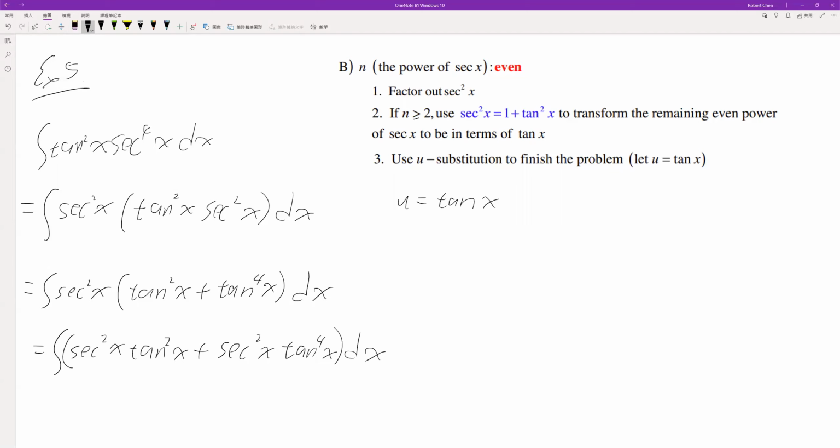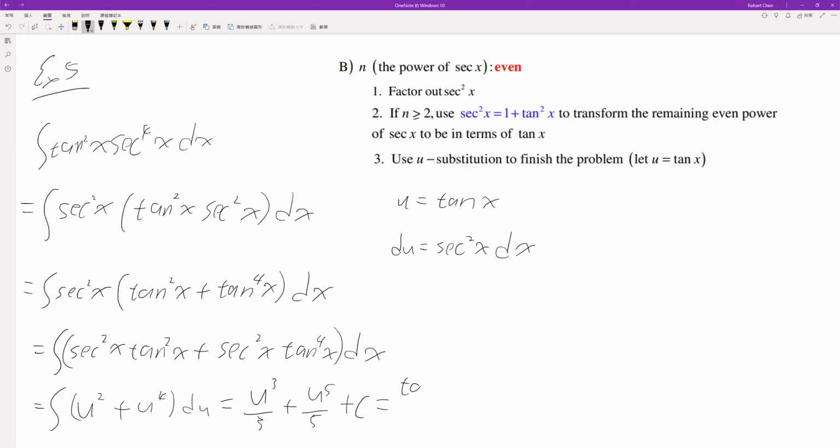But for the sake of this video, and maybe it's the first time for a lot of you seeing this, let's do that. So u is tangent x, du is secant square x dx. All right. So what we have here becomes, so this is part of du, right? So we just have u squared plus u to the 4th du. All right, rest is easy, right? u cubed over 3 plus u to the 5th over 5 plus c.